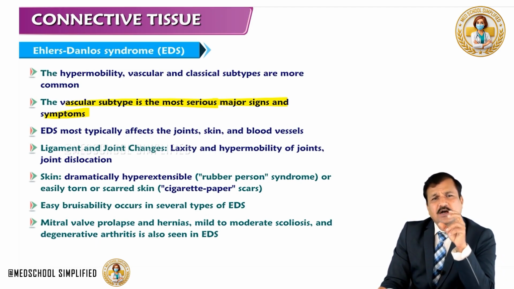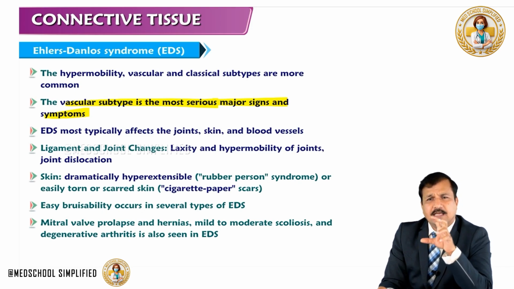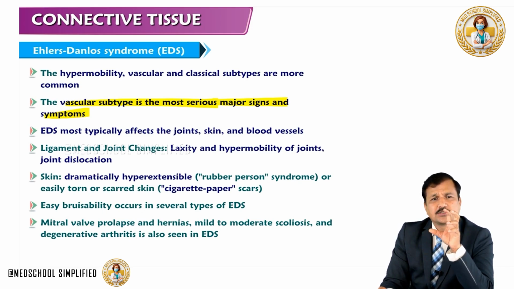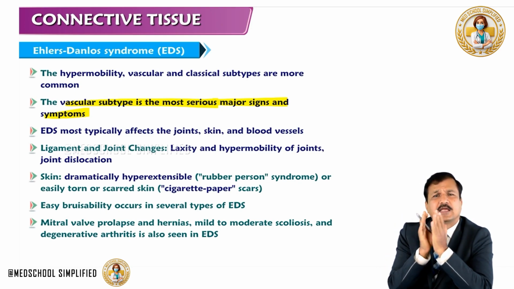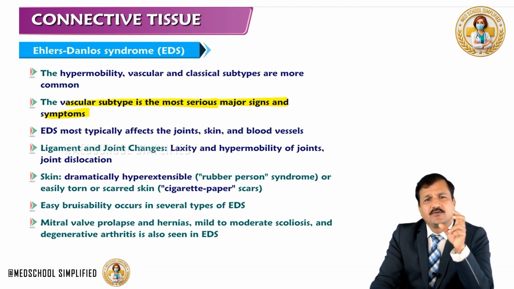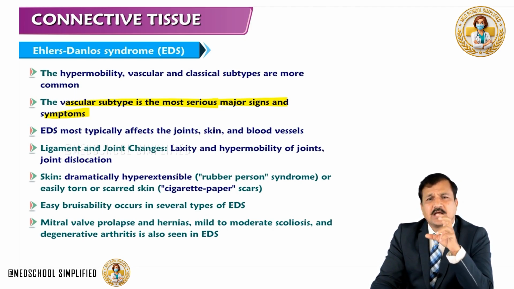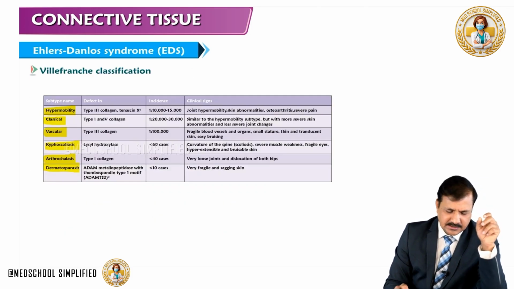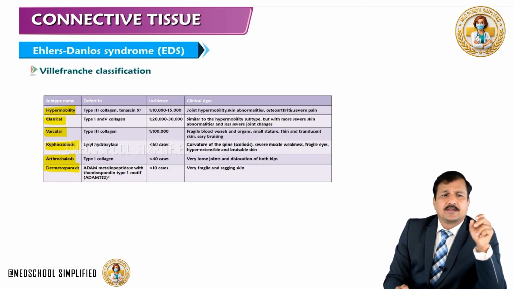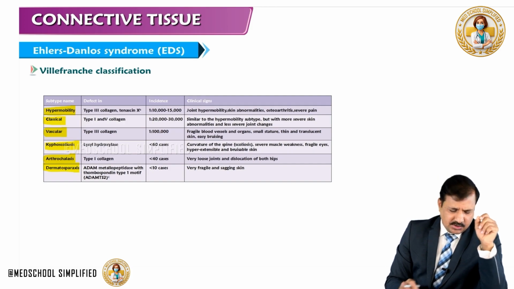Deficiency of procollagen N proteinase enzyme, referred to as ADAMTS, a metallopeptidase with thrombospondin type 1 motif, causes formation of abnormally thin irregular collagen fibrils, which results in dermatosparaxis, manifested by markedly fragile and sagging skin. That's the finding we see in dermatosparaxis, in the last row of the table in the previous slide.